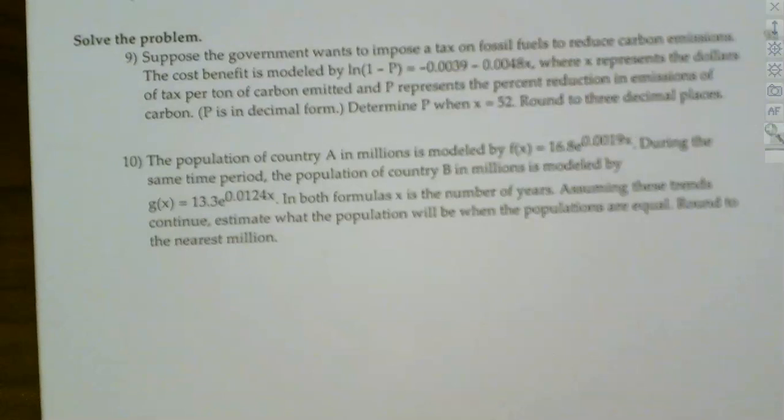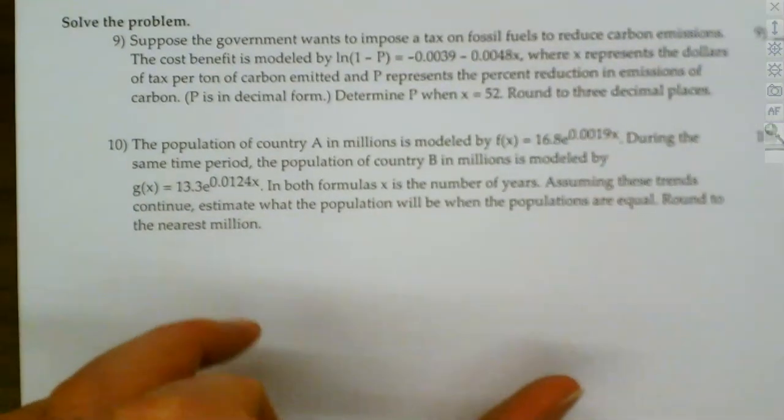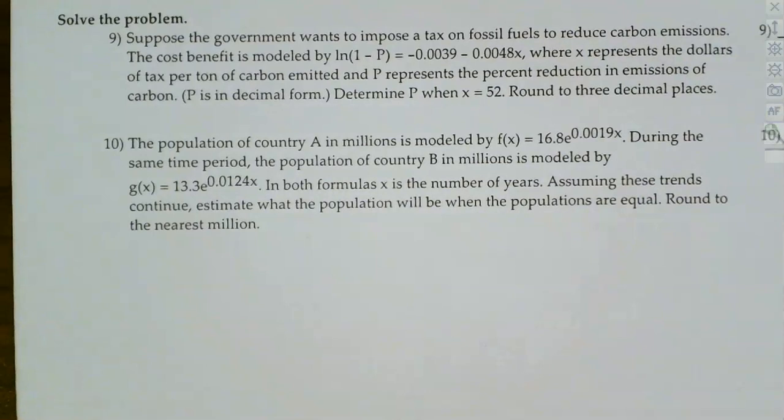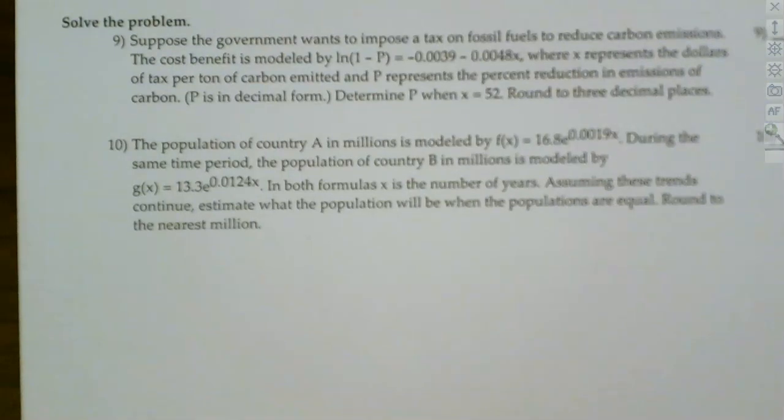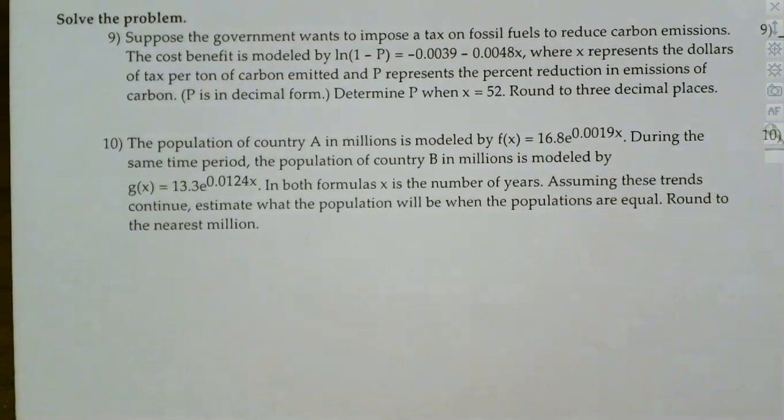In both formulas, X represents the number of years. Assuming these trends continue, estimate what the population will be when the populations are equal. And we want to round to the nearest million.